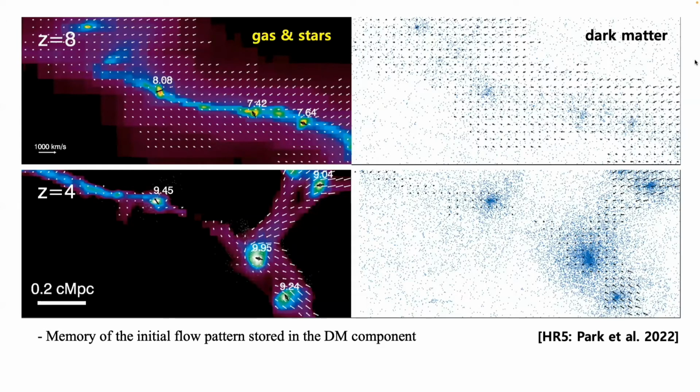So the mass just follows this velocity pattern set up by the initial conditions stored in the dark matter component.